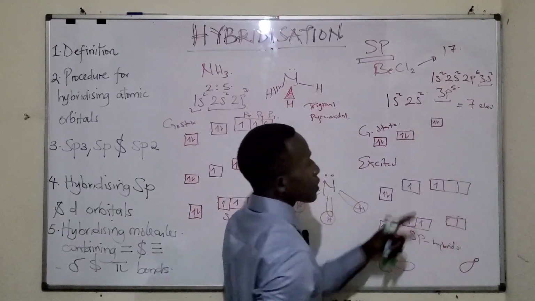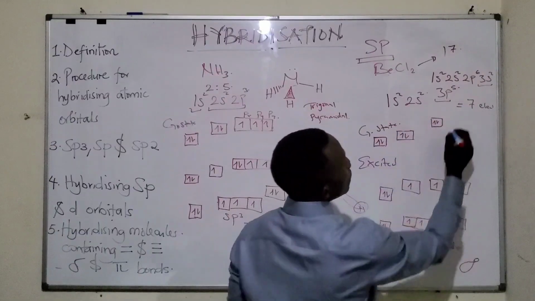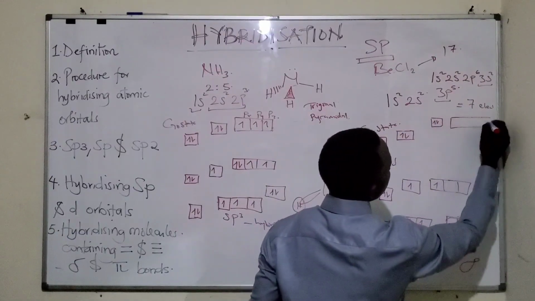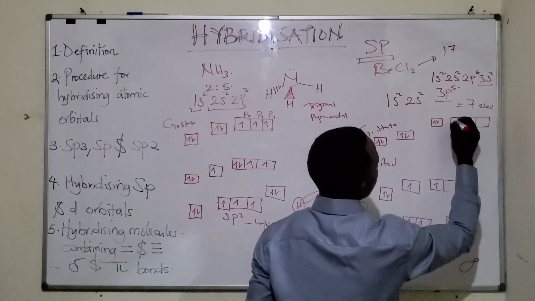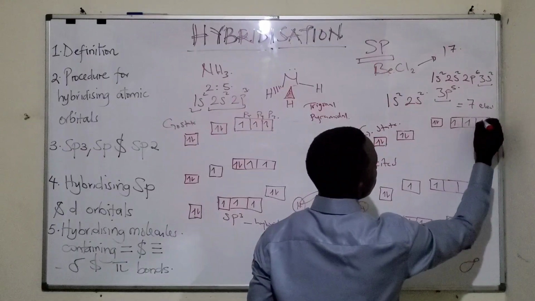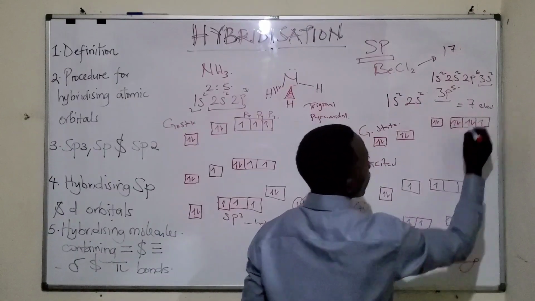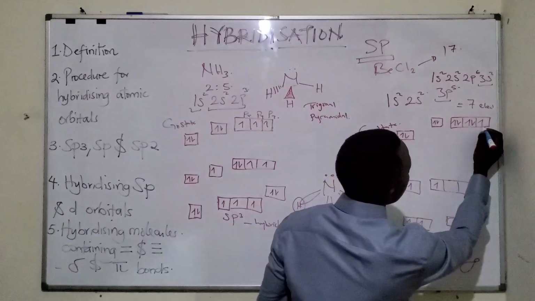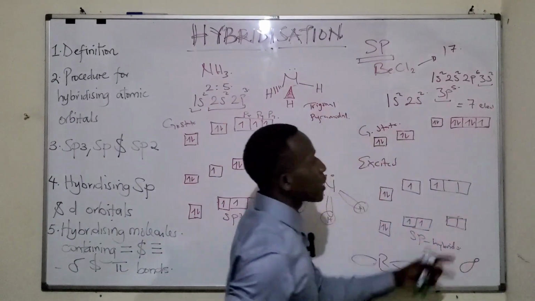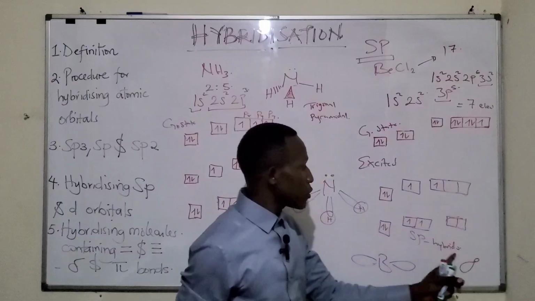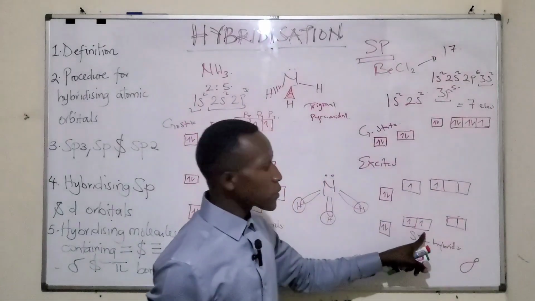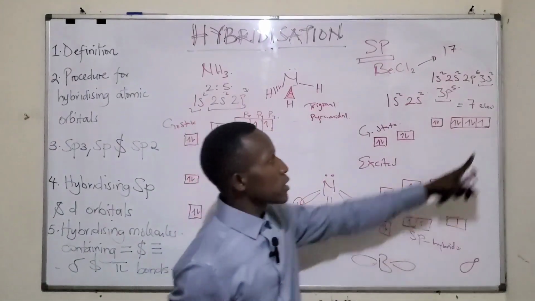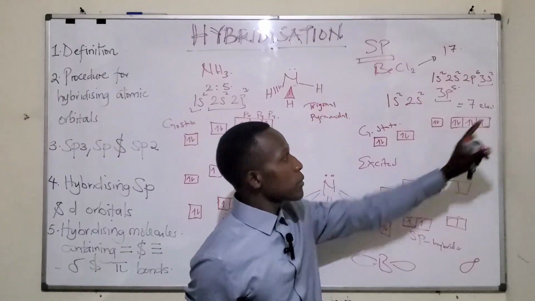we have this 3s. Then in 3p, you're having 1, 2, 3, 4, 5. That means one electron is the one which is going to bond with these hybrid electrons, this last electron.